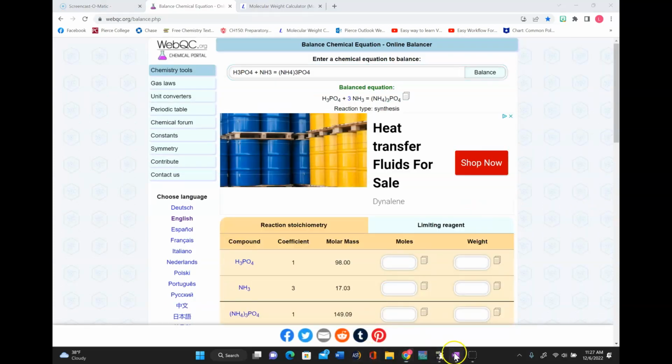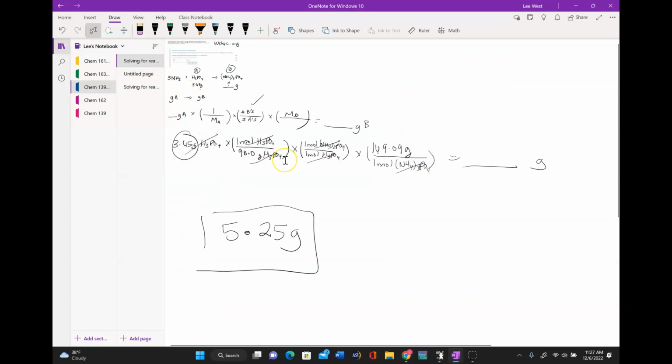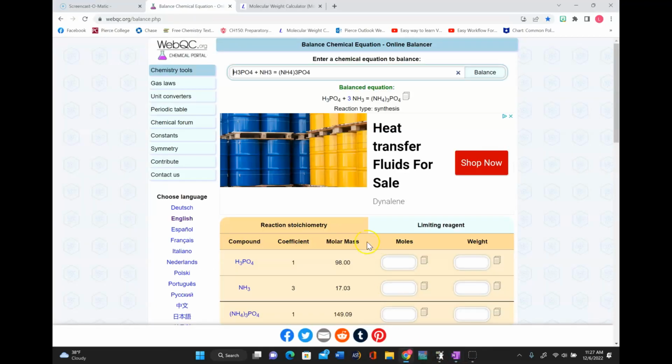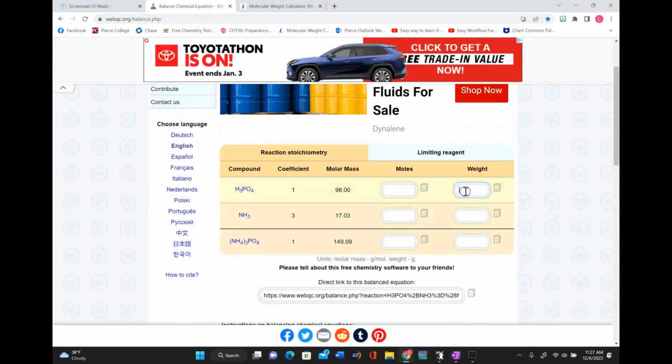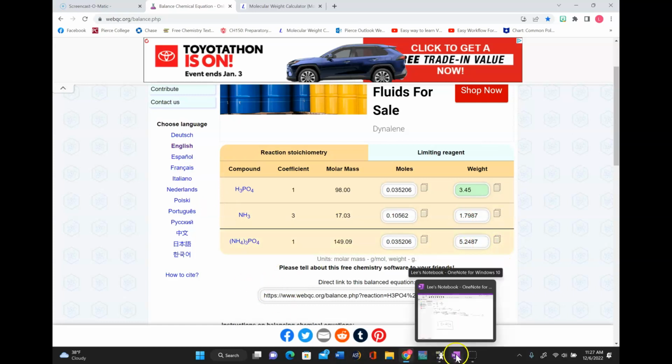And in that problem, we had 3.45 grams of our acid. And there it is. So that leads us to the conclusion that we get 5.25 grams of our product. So pretty helpful, those tools.